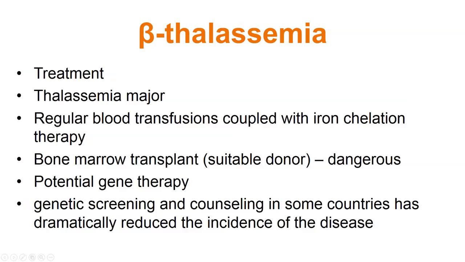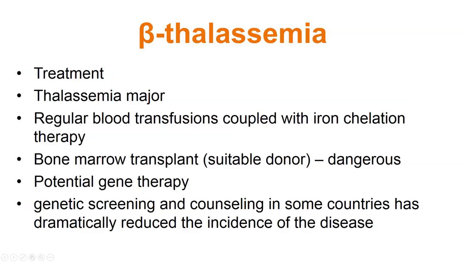When you're giving people regular blood transfusions anyway, you have to do iron chelation therapy because you tend to overload them with iron with all the extra blood you're giving. But in addition, with the thalassemias anyway, they're already overloaded with iron. So it's really important to have that iron chelation therapy to reduce the potentially fatal consequences of having too much iron as well.